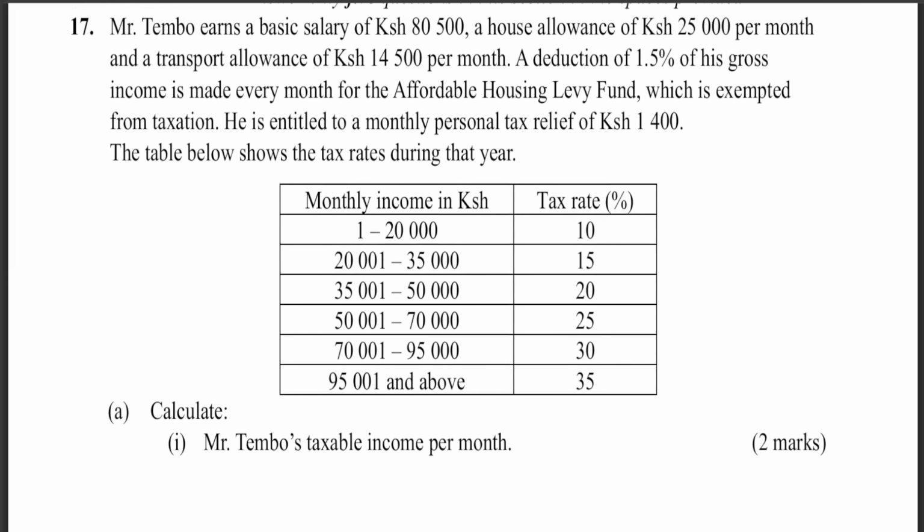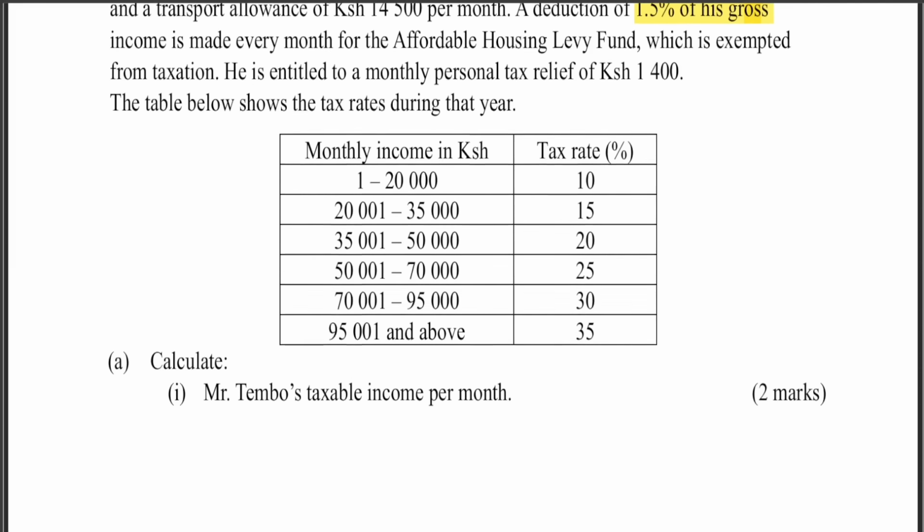Now be wary of this, because this is where most students failed last time also when doing the KCSE. This one is usually a deduction which is exempted every month, so it's not taxed. That 1.5% of the gross income is exempted.